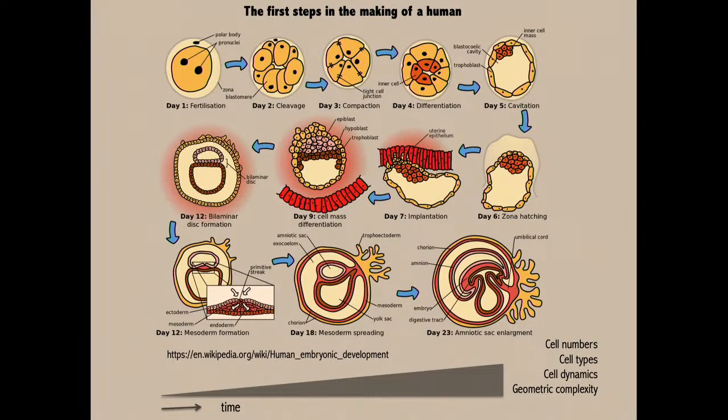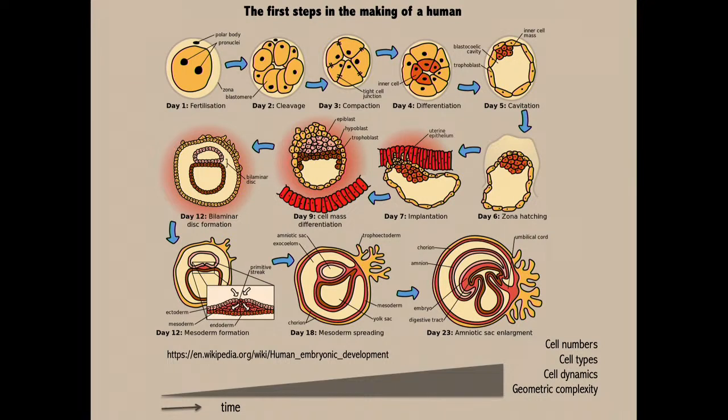And a feature that accompanies this compaction is the distinction of two different types of cells, red and yellow, as you will see here, but also the development of microcavities within this egg that then eventually enlarge, so that what we know as the blastocyst has red cells and yellow cells and a cavity in between.